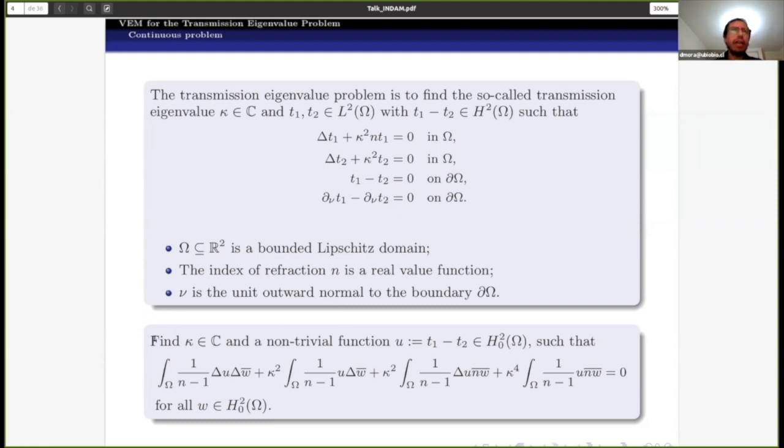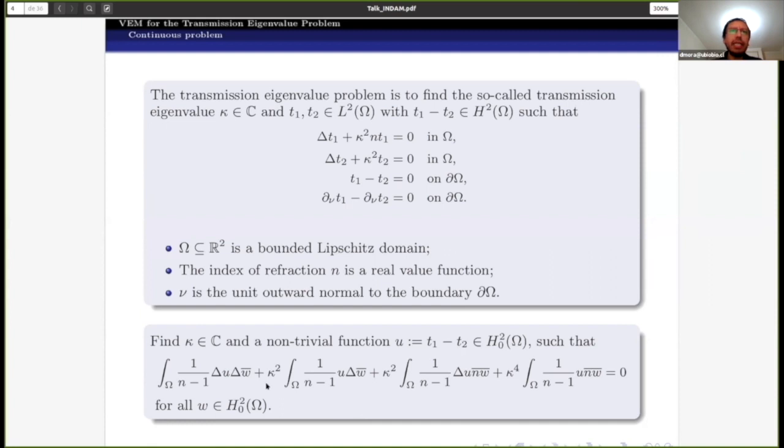Find kappa, the eigenvalue, which is the important thing here, and the eigenfunction u of this problem, which represents the difference between T1 and T2, which satisfies this variational formulation. The first observation is that the eigenvalue problem formulated in this way is nonlinear in terms of the eigenvalue.